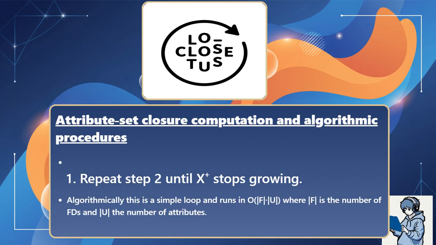Algorithmically, this is a simple loop and runs in big O of the size of F times the size of U, where the size of F is the number of functional dependencies and the size of U is the number of attributes.